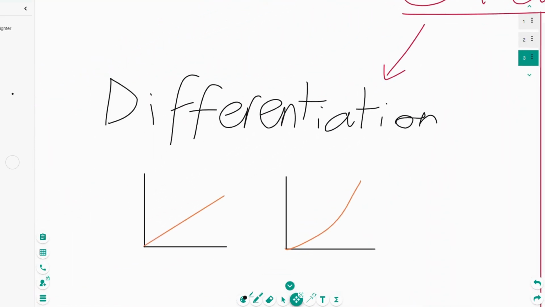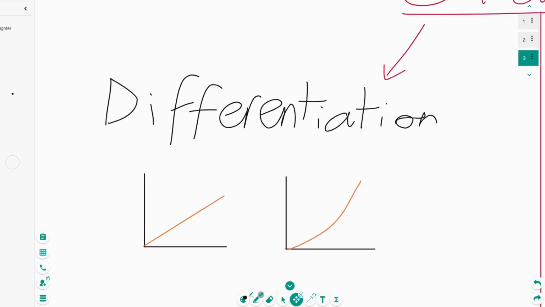Differentiation is the concept where we want to find the gradient of a certain point on a curve, that is usually the instantaneous rate of change graph, and that's where we use differentiation.